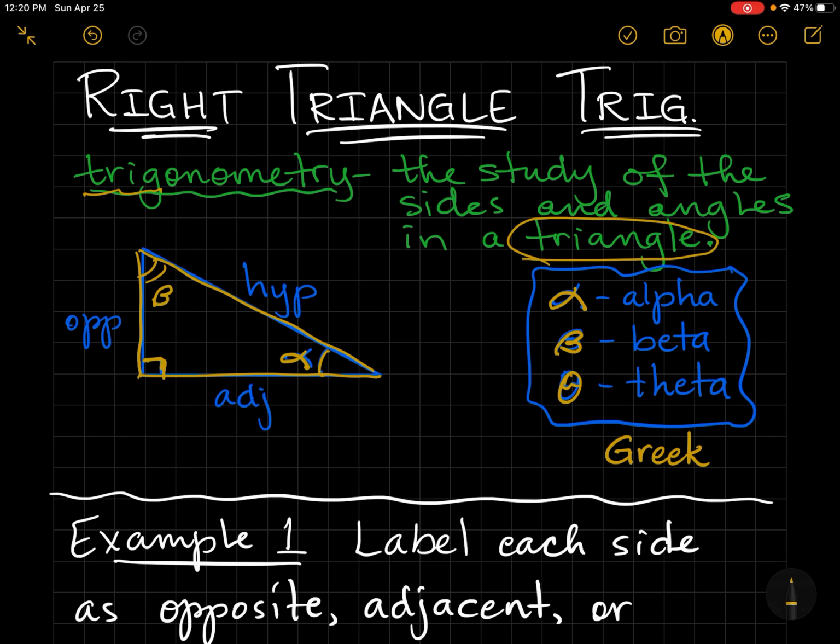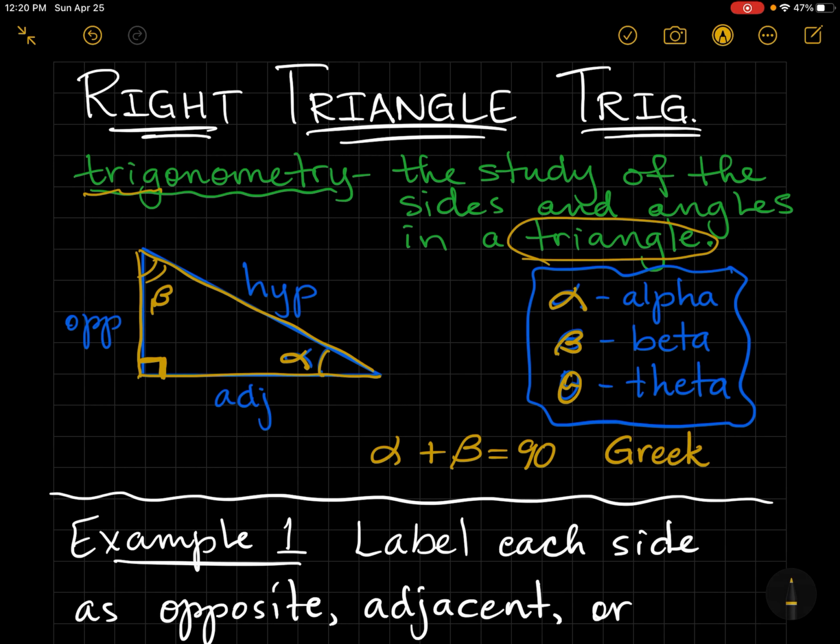We usually don't name the right angle because it's just 90 and it's very stationary. Notice that in a right triangle, alpha and beta will always be less than 90 degrees because alpha and beta add up to 90. And that's going to be a key point as we continue further in this chapter.